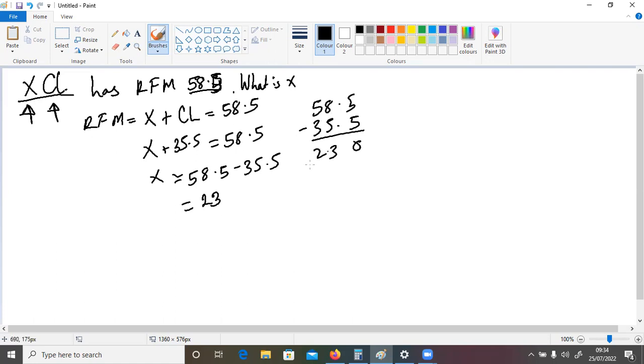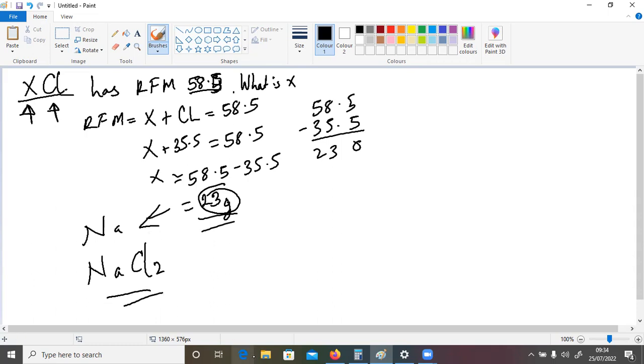So X is 23. And then from the periodic table, which atom has a mass of 23? Once you check, you find it is sodium, and therefore that compound should be sodium chloride. Okay, that is pretty easy.